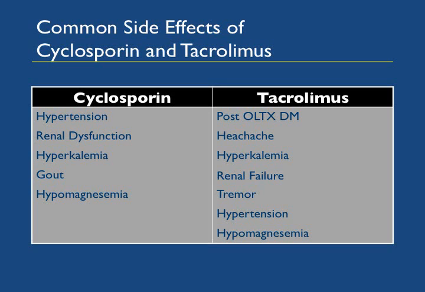Common side effects for cyclosporin include hypertension, renal dysfunction, and less common but can still occur, hirsutism, gingival hyperplasia, hypomagnesemia. Similarly, tacrolimus causes post-liver transplant diabetes, headache, which are often dose-dependent, hyperkalemia, renal failure, tremors, hypertension, and hypomagnesemia.